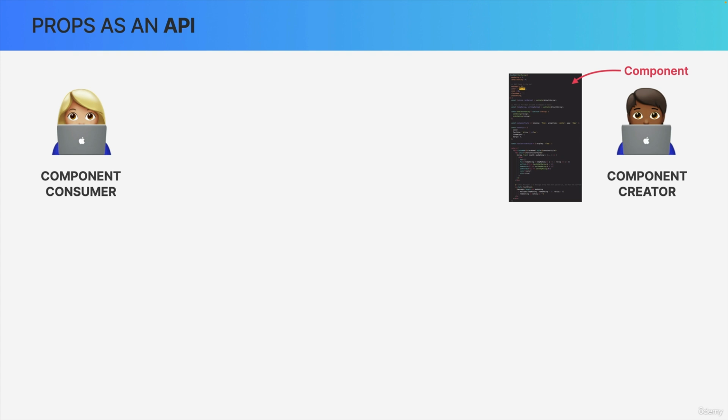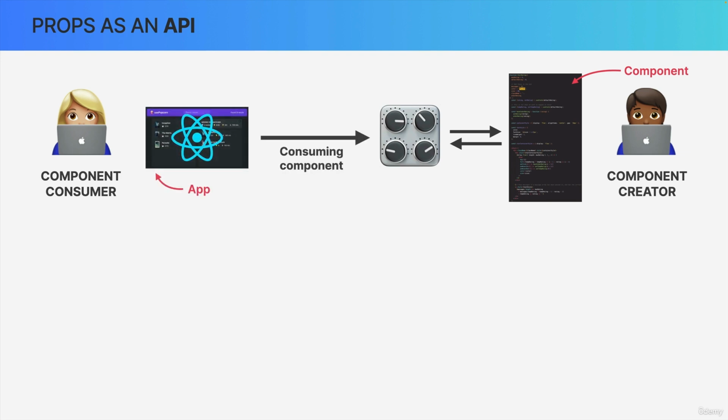So basically, the creator is the person building a component and defining what props the component can accept, while the consumer uses the component somewhere in the application by specifying values for the props. Now, the reason for the separation between creator and consumer, even if you're just working on your own, is that if we have this mindset, we can think of the component's props as the public API of the component. So, as a component creator, when we choose what props the consumer is allowed to pass in, we are essentially defining the public interface of our component.